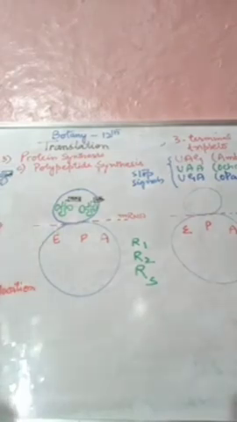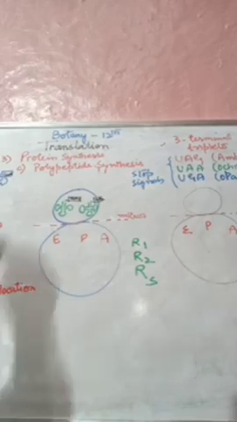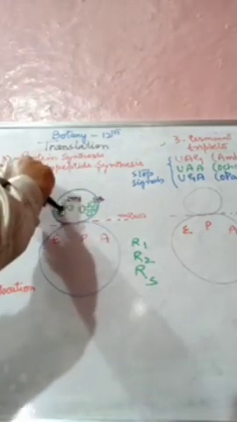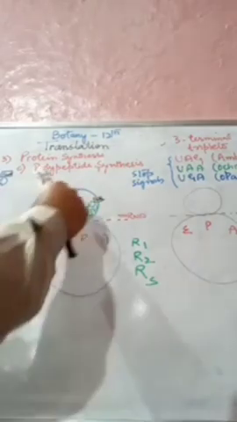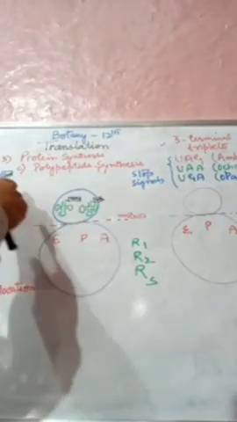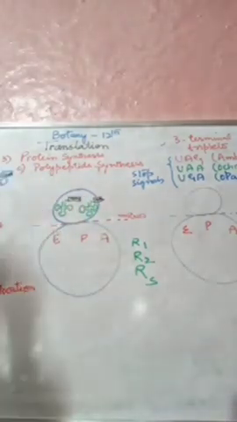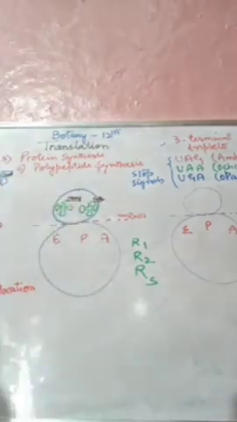First, the activation of amino acids. Second, the attachment, or transfer, of amino acids to the tRNA. Third, protein synthesis, which we discussed in three steps: first, assembly of the ribosomal subunits; second, attachment of the mRNA; third, polypeptide synthesis.